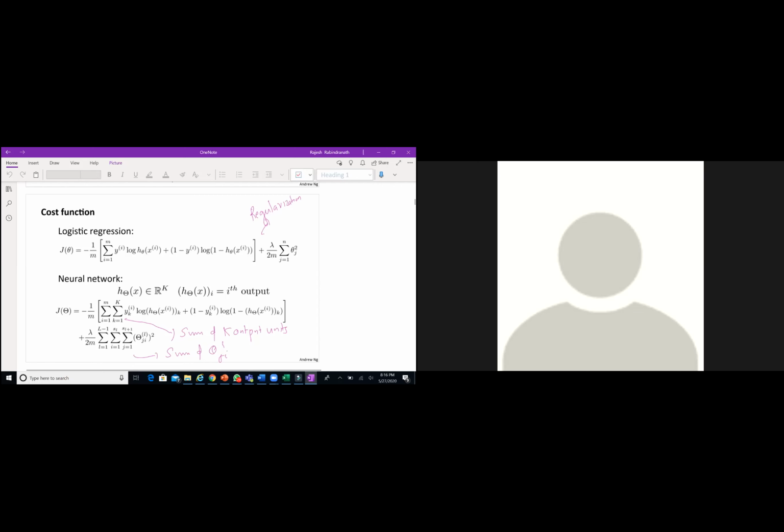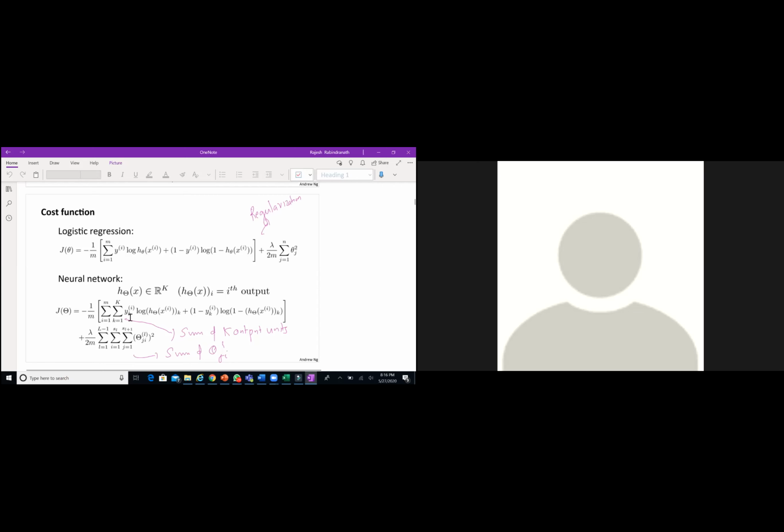So when you convert the cost function from logistic regression to a neural network, the major change is on this particular part where you calculate the cost.